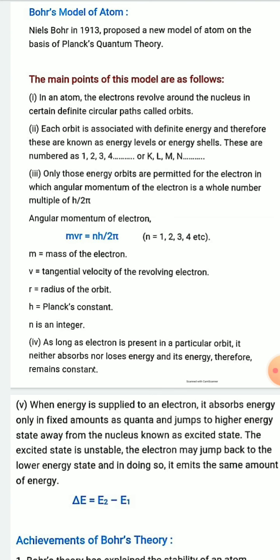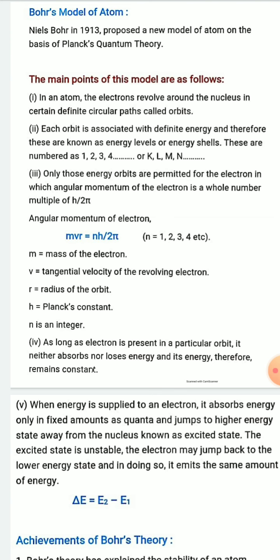Therefore these are known as energy levels or energy shells, and they are numbered 1, 2, 3, 4, or represented by the letters K, L, M, N. That is K shell, L shell, M shell, or K orbit, L orbit, M orbit.